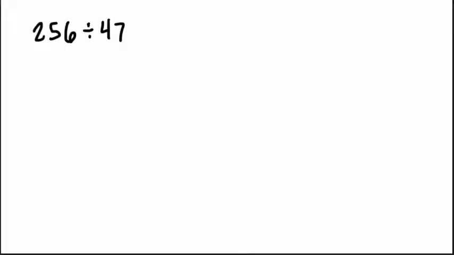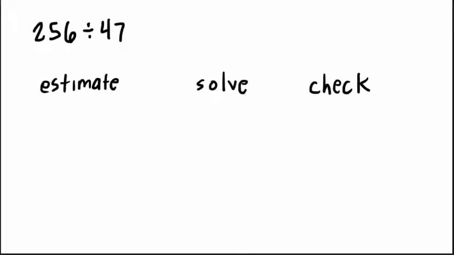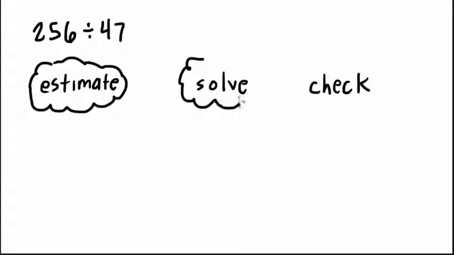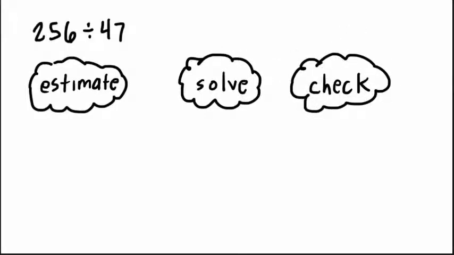So remember, we have 256 divided by 47, and we're going to do these three things. We're going to estimate, we're going to solve, we're going to check. And if we do these three steps, it's less likely that we'll ever get anything wrong. So here we go. We're going to first estimate our divisor. So 47, I'm going to estimate to 50. And then I'm going to think of multiples of 50.